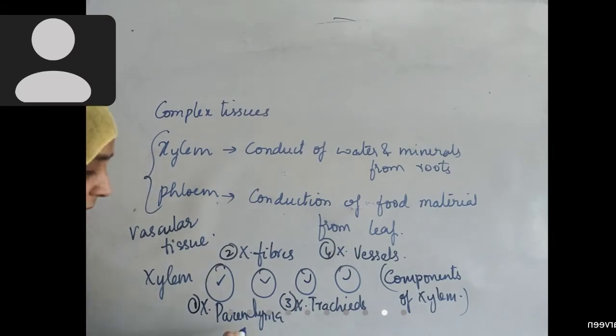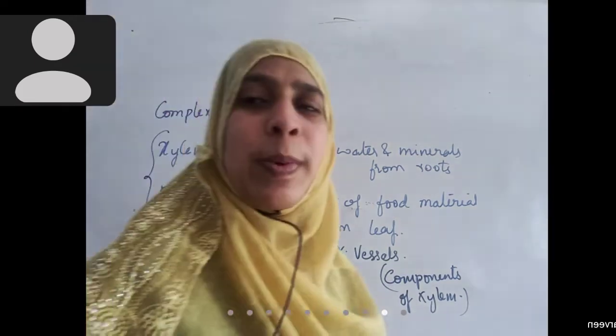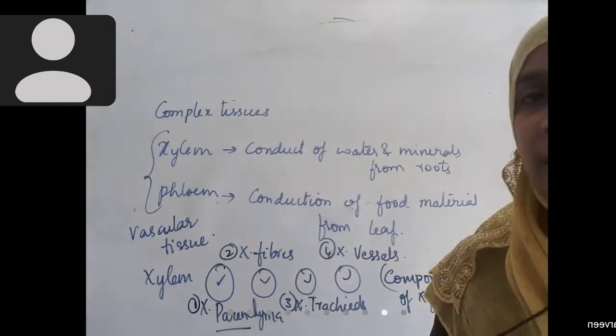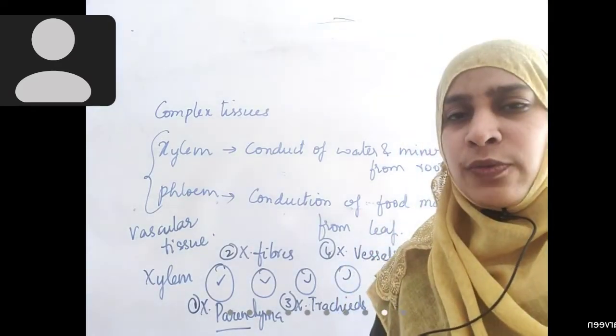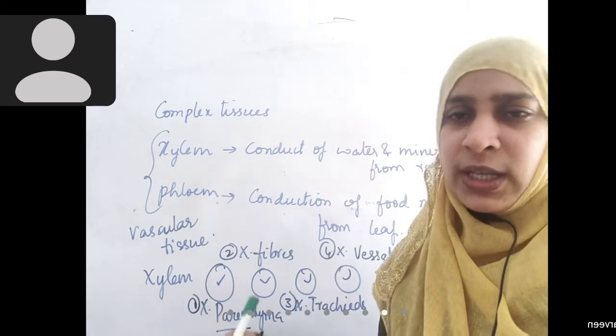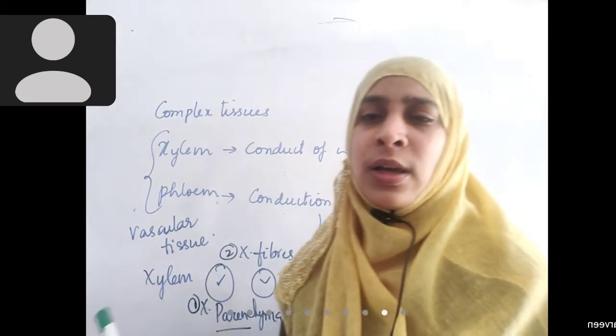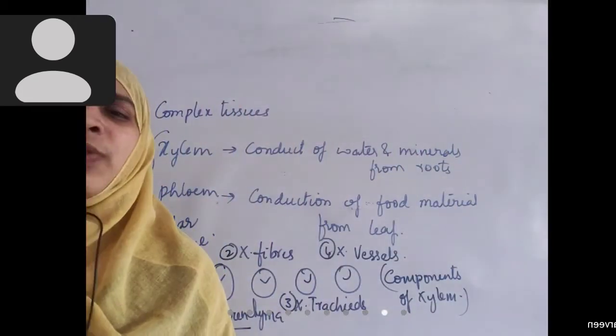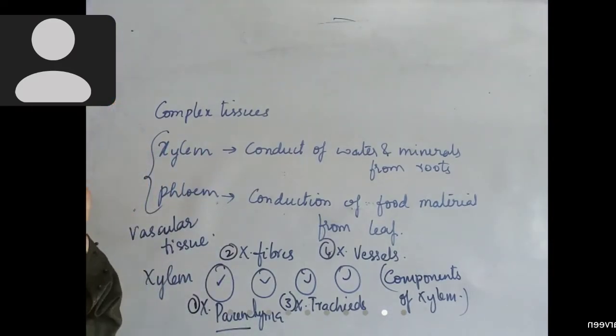Now, xylem parenchyma is similar to simple tissue parenchyma. What is the function of simple tissue parenchyma? It produces food and stores the food. In this case also, xylem requires production and storage of food for functioning normally. So that function is taken by parenchyma.